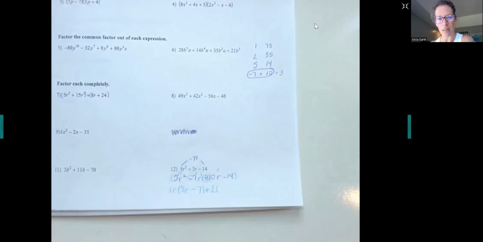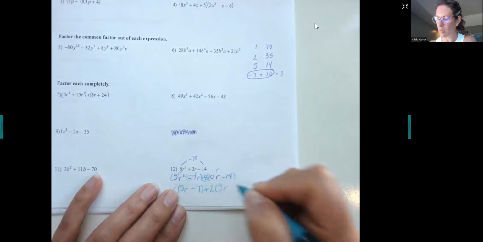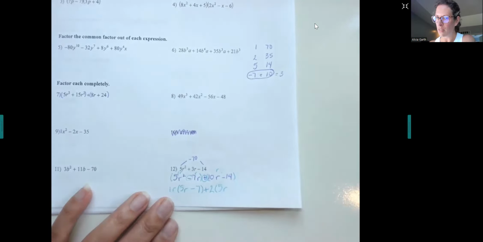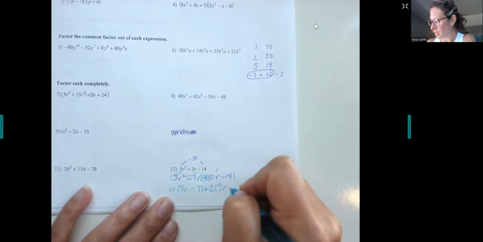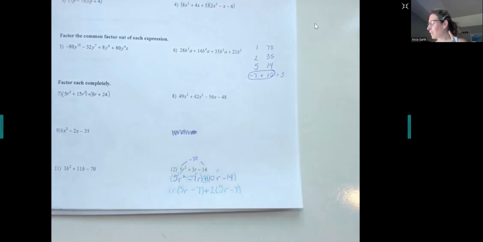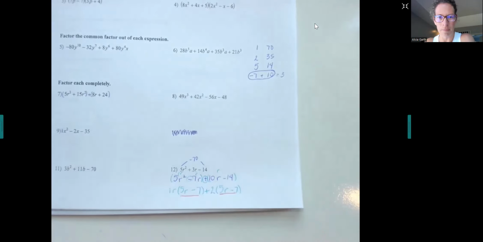We start our parentheses again. 10 divided by 2 is 5. I had an r and did not take any out, so I still have 1. Negative 14 divided by a positive 2 is a negative 7. Now, when we look at this, we need to look at our parentheses. Are our parentheses exactly the same?